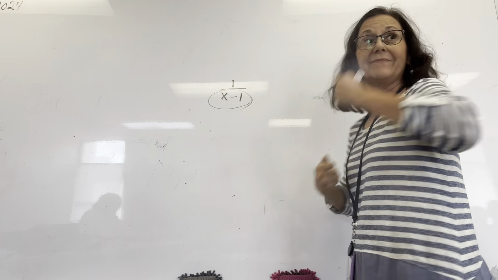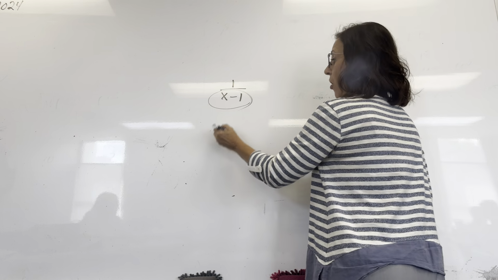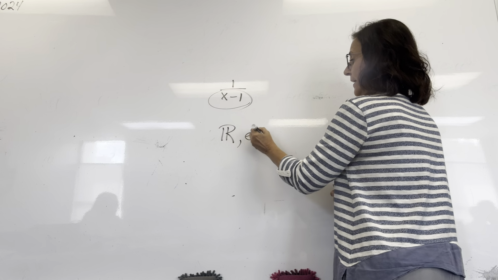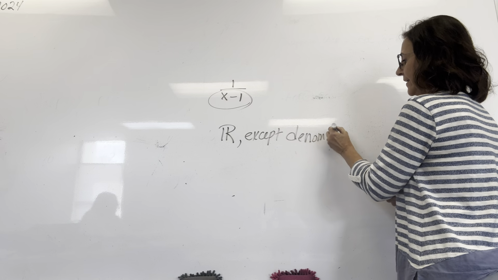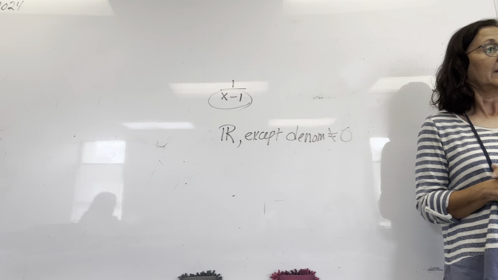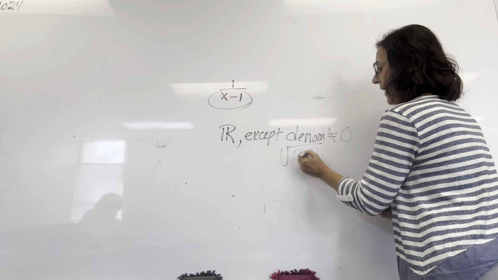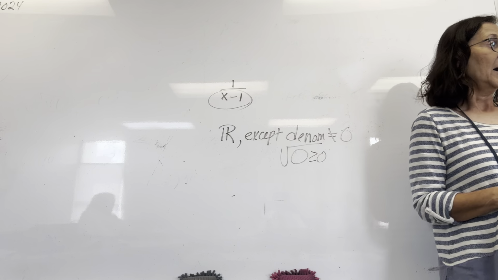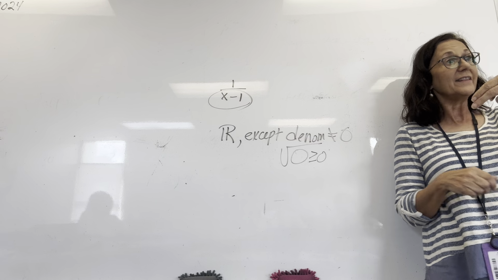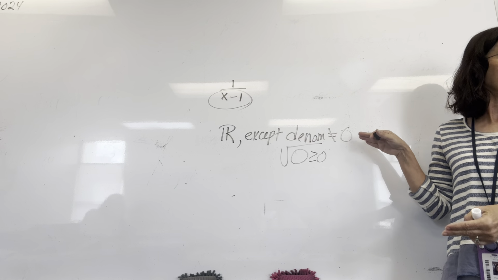That's right. So it's going to be all reals, except the denominator cannot equal 0, and under the radical cannot equal a negative. Whatever's under the radical has to be greater than or equal to 0. But if that radical's in the denominator, it has to be greater than 0.